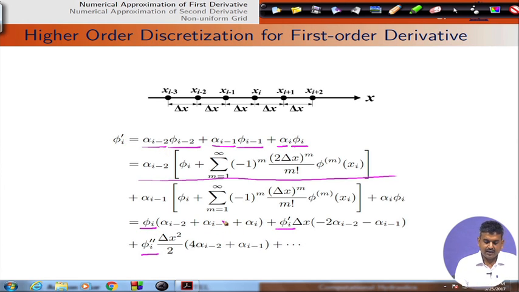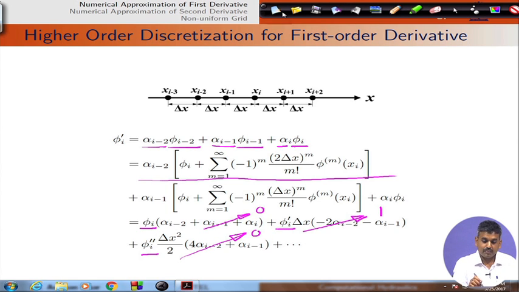So, obviously this should be 0, and the coefficient of phi i prime should be 1, and again we do not have any second order derivative on the left hand side, so this will be 0.